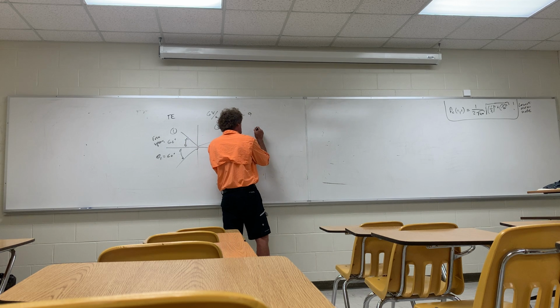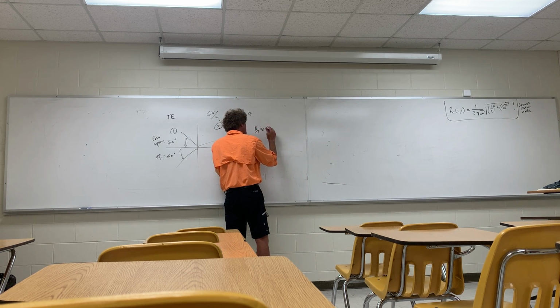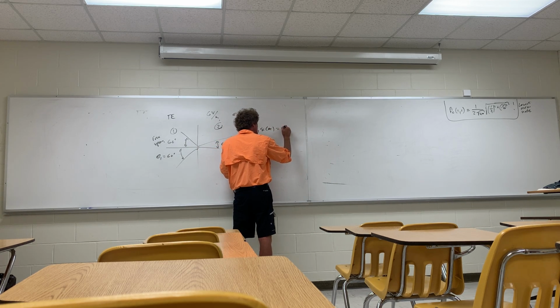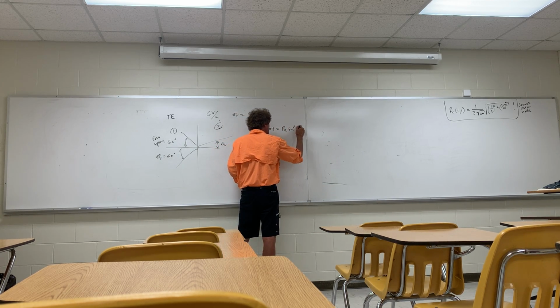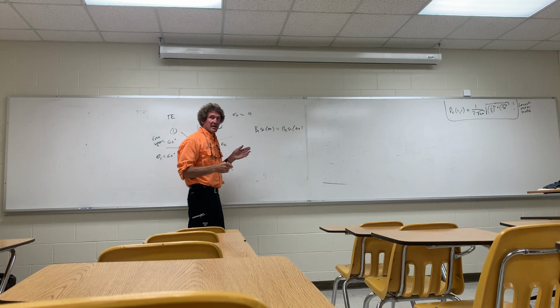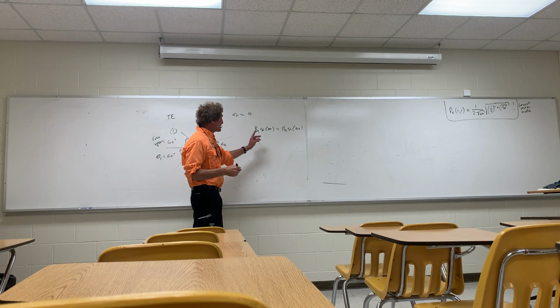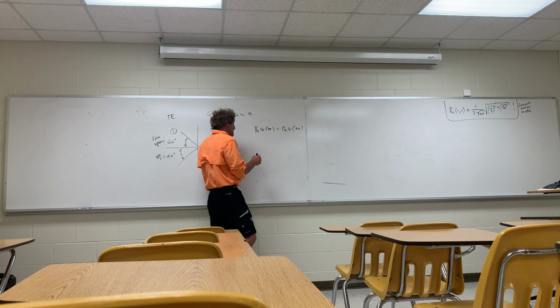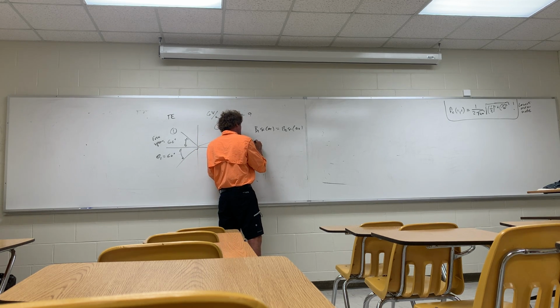So it's beta 1 times the sine of theta incident equals beta 2 times the sine of theta transmitted, right? Now, what is beta? Well, beta is omega times square root of mu epsilon.